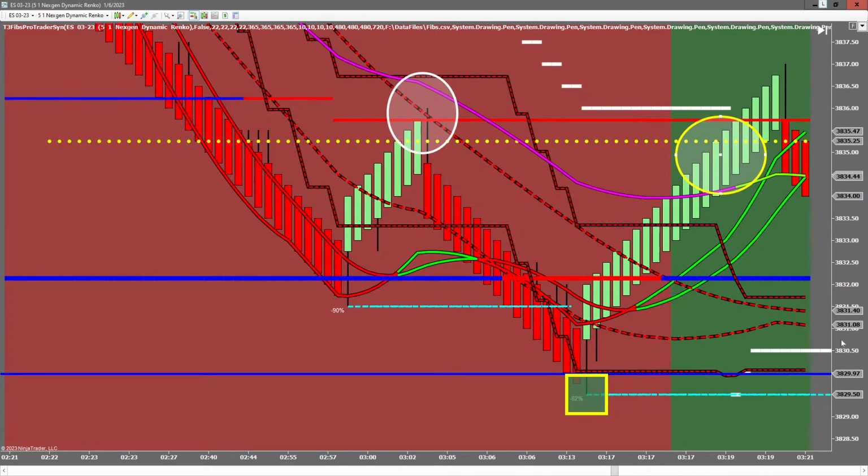Very simple. You're above. Not only are you above your large triggers, but say it out loud, you're above your small triggers. And that is how people start guessing at where a top might be.